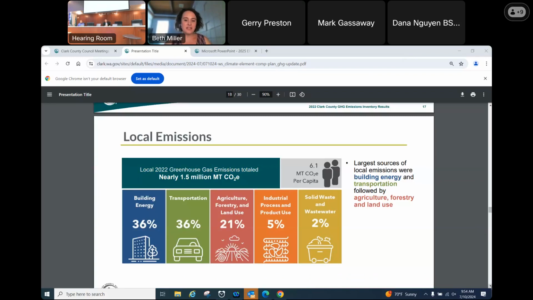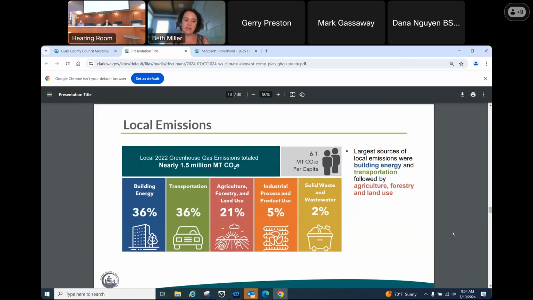This is the local emissions from building energy, transportation, agriculture and land use and forestry, industrial processes and product use, and solid waste and wastewater. This is the overall distribution among these, and then I'm going to go through each sector one by one to tell you exactly what is included in each of those different colored boxes.